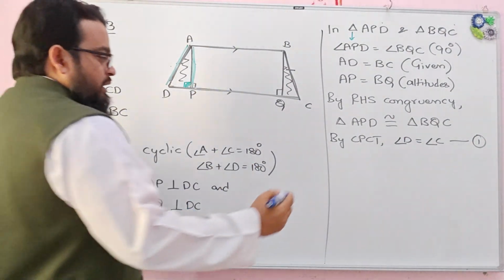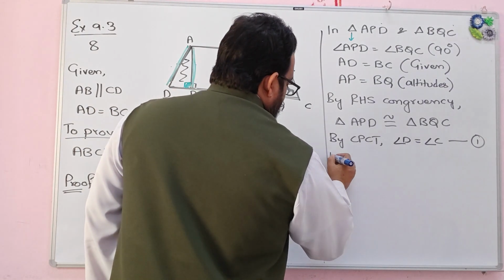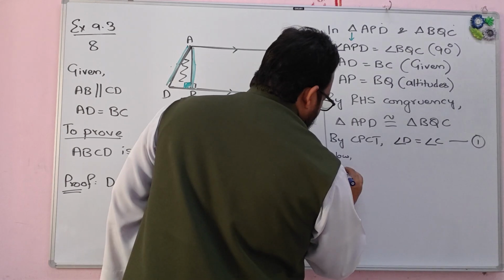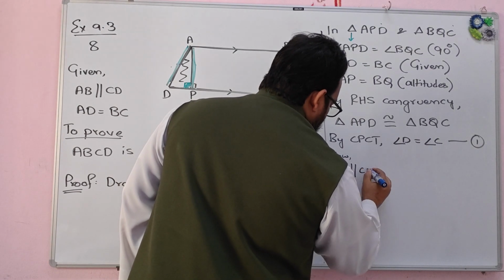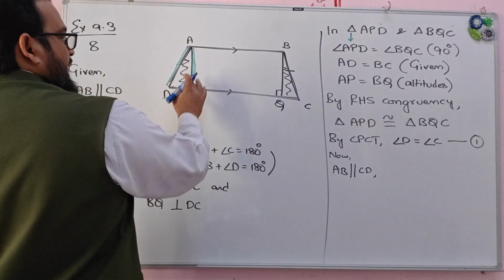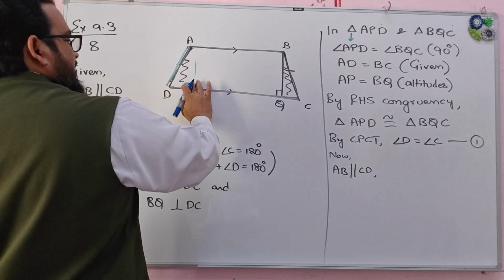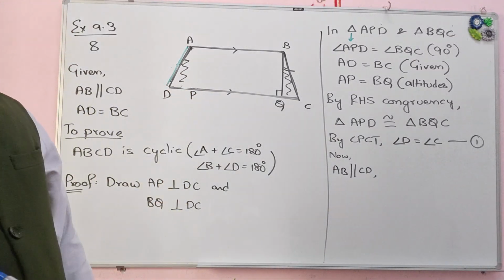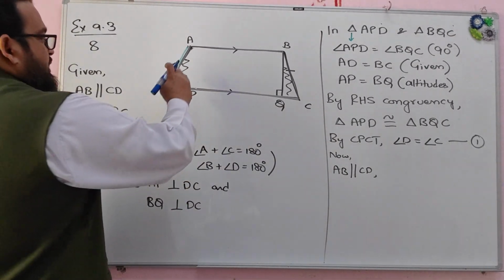We know that, right? So now, AB is parallel to CD because it is a parallelogram. I am going to erase this in order to explain you, but in examination you are not supposed to erase this. Okay, you have to visualize it.